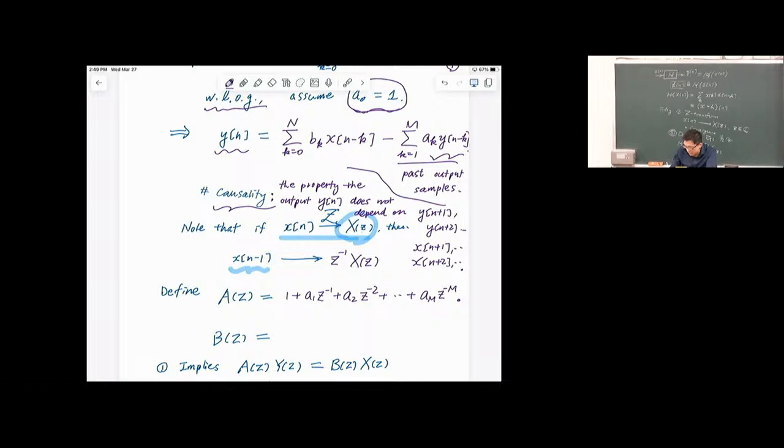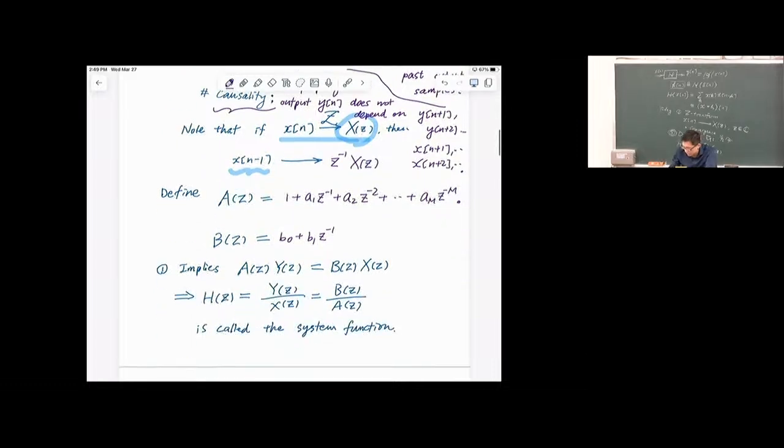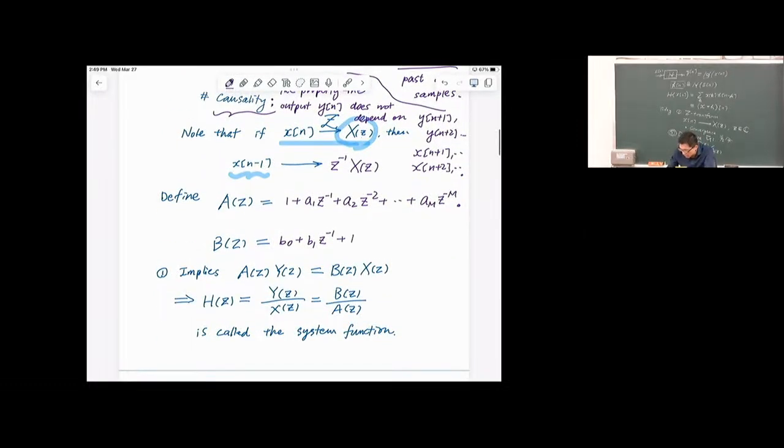And B of z similarly is b0 plus b1 z inverse plus b2 z to the minus 2 plus all the way to the last term, b big N z to the minus big N. Okay, so both of them are polynomials like that.